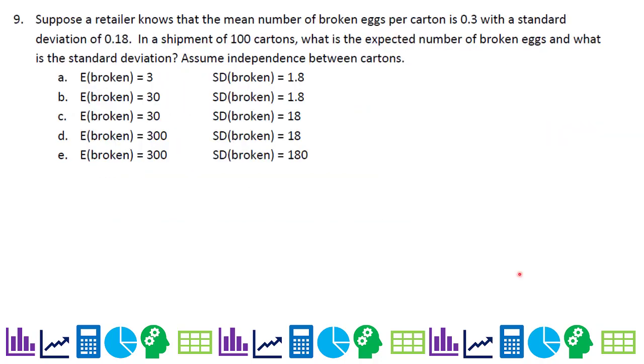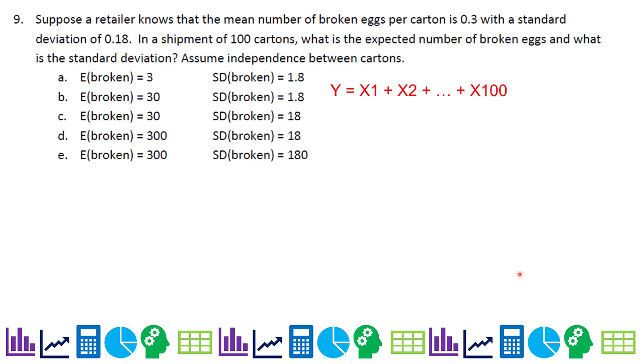Number 9. Suppose a retailer knows that the mean number of broken eggs per carton is 0.3 with a standard deviation of 0.18. In a shipment of 100 cartons, what is the expected number of broken eggs and what is the standard deviation? Assume independence between cartons. So first of all, we are looking at a shipment, which is a combination of 100 different cartons.